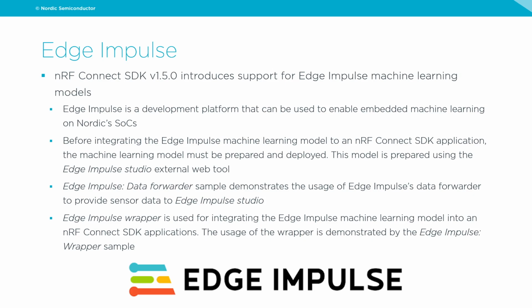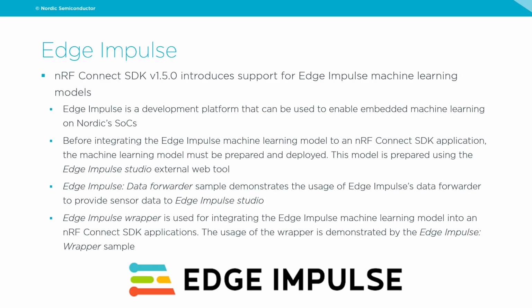Before you integrate the Edge Impulse machine learning model into an application, the model must be prepared and deployed. This model is prepared using the external web tool called Edge Impulse Studio. So the first step is to provide sensor data to Edge Impulse Studio.